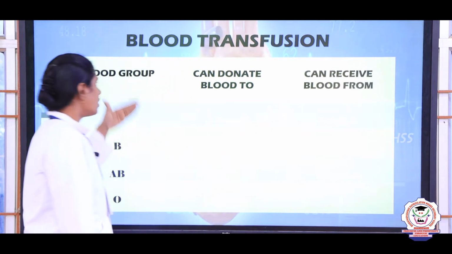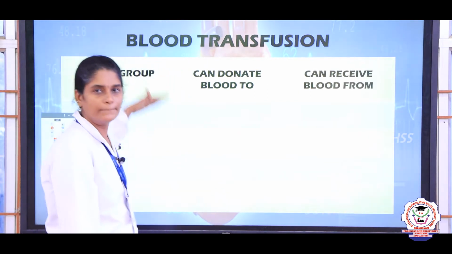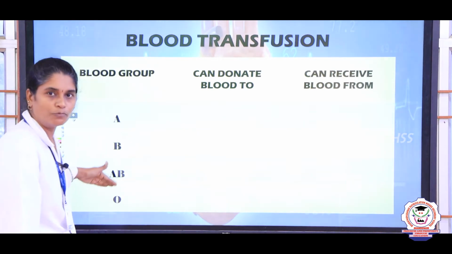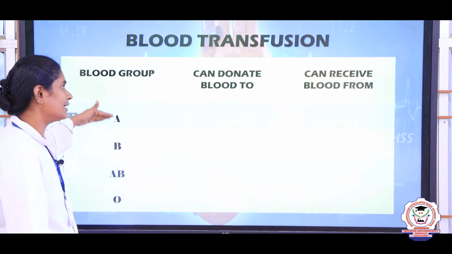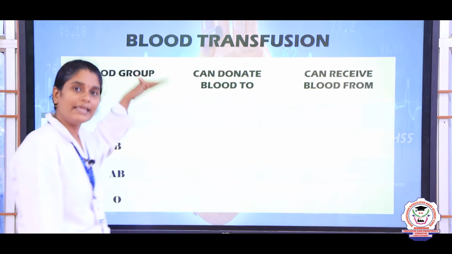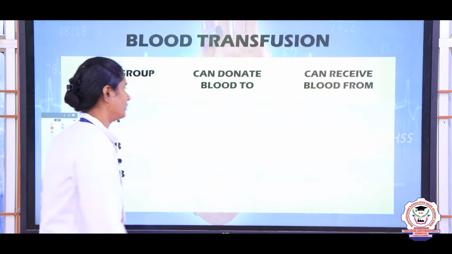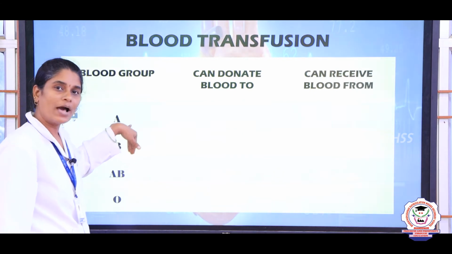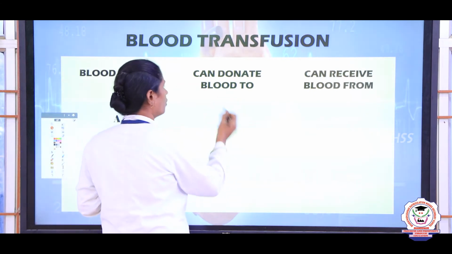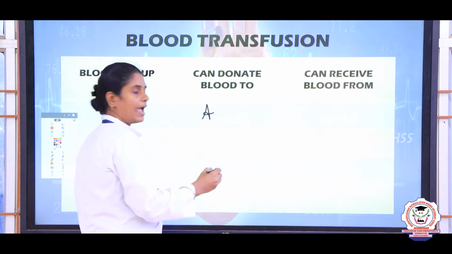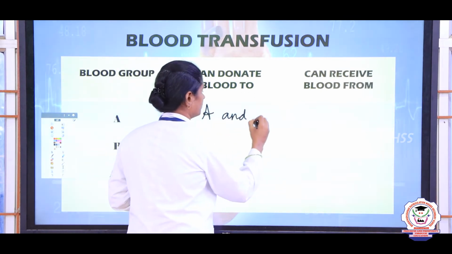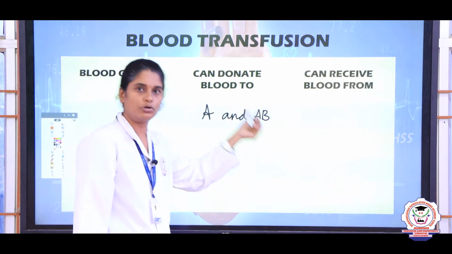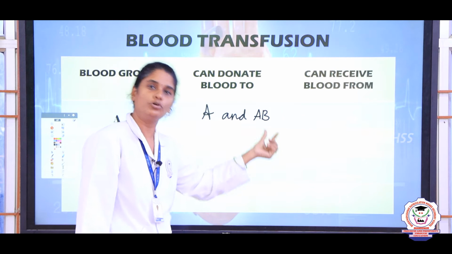We already discussed there are 4 types of blood groups: blood group A, blood group B, blood group AB and blood group O. The person who has A blood group can donate only to A and AB blood groups.